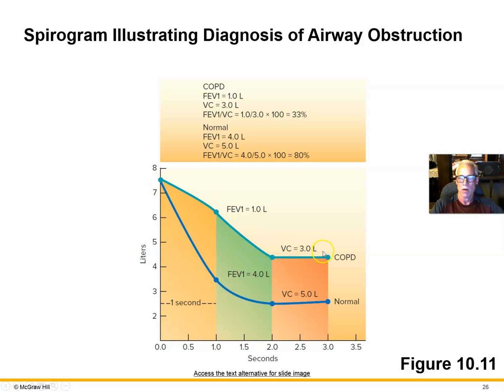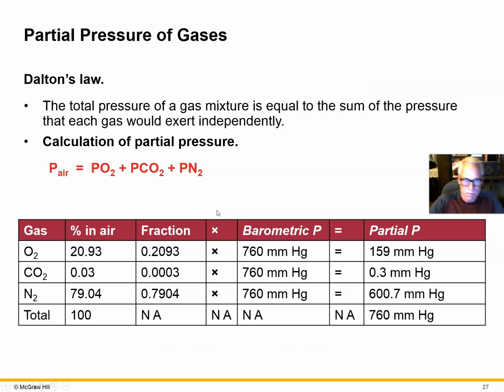So we would just get a number much less than 75%. Probably in this case they calculated 33% in 1 second. So right here we've only expired 33% of the vital capacity in that 1 second. So clearly something wrong.